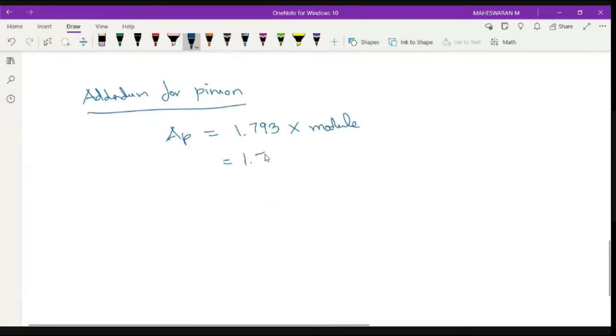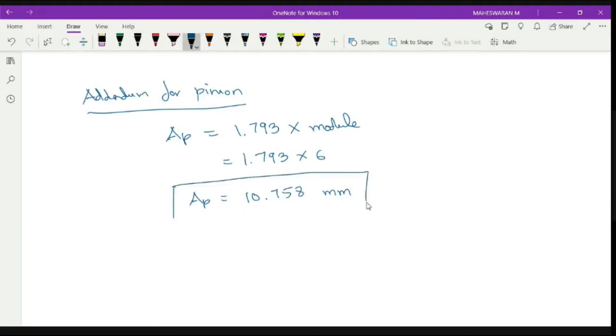So 1.793 into 6 is 10.758. So AP is 10.758 mm. This is the addendum for the pinion. So this is your answer.